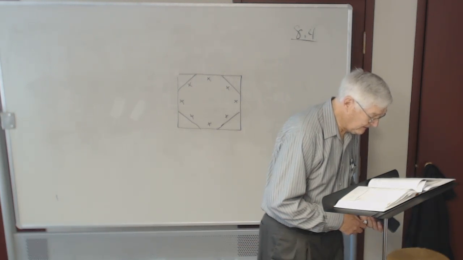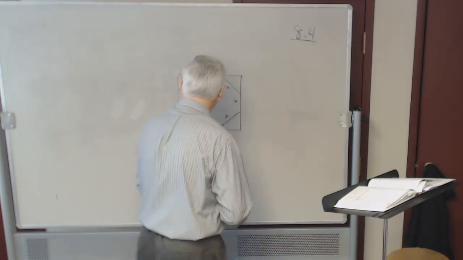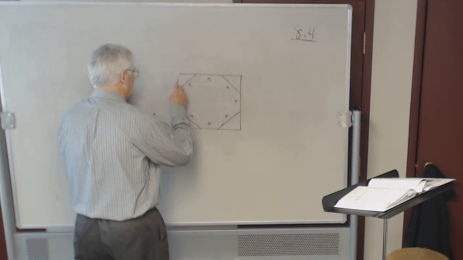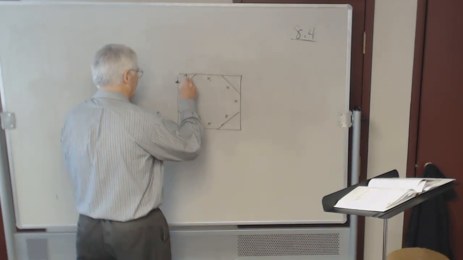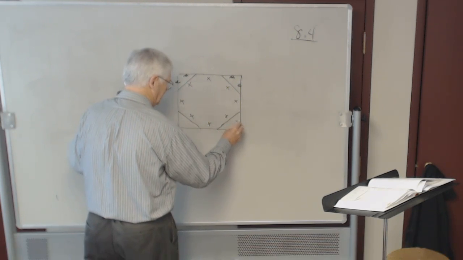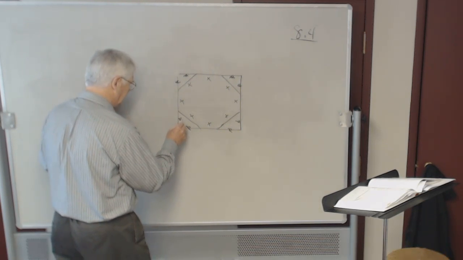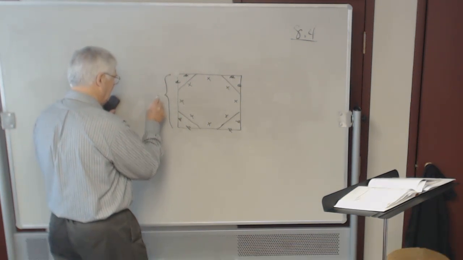If the side of the square is A and the equal sides of the isosceles triangle are S, so this is S, this is S, this is S, and this whole thing here is A.